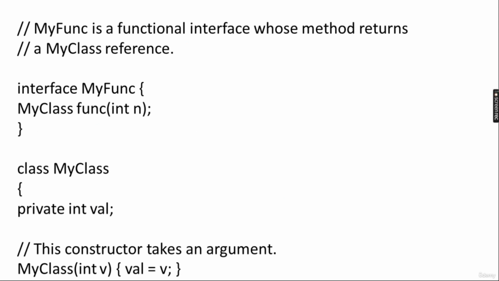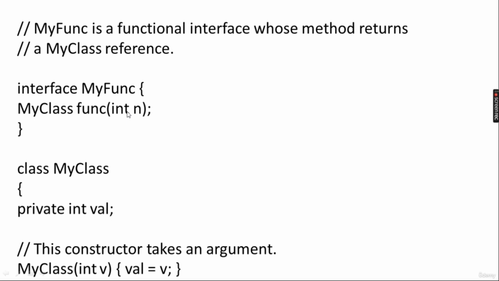Okay, MyFunction is a functional interface whose method returns a MyClass reference. Okay, interface MyFunction and MyClass func(Integer a). So in the MyClass, in this constructor there is one variable called value, and this constructor takes an argument. Similarly, this is MyClass func(Integer a). So same structure here.